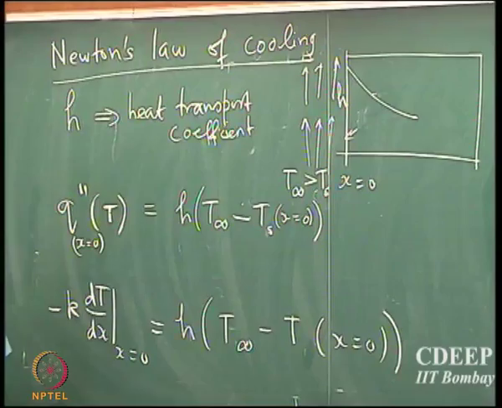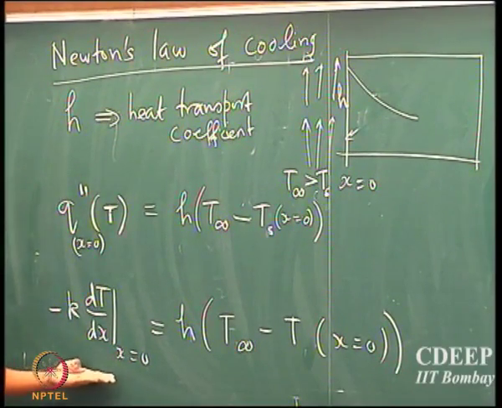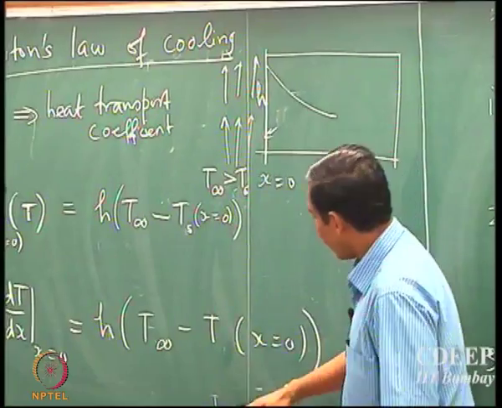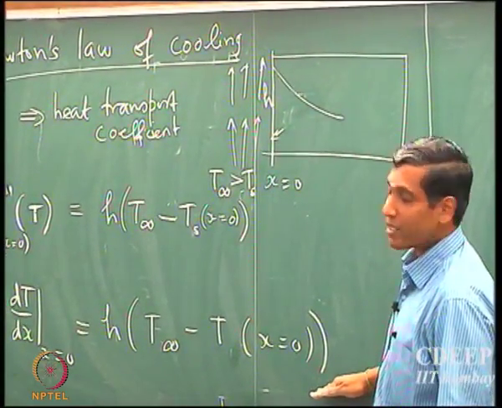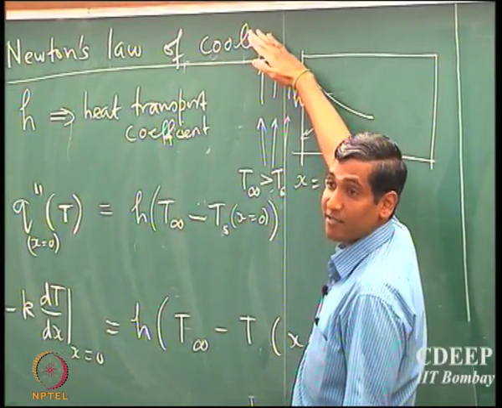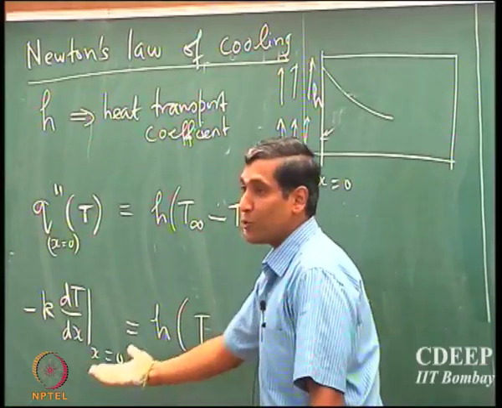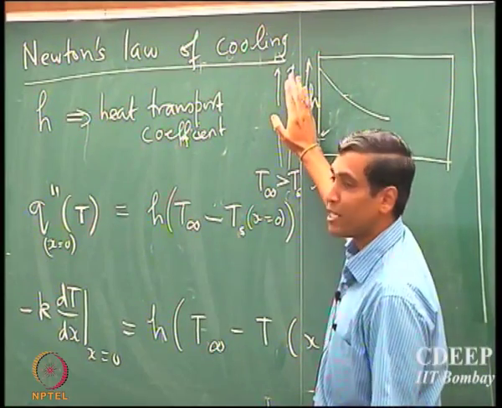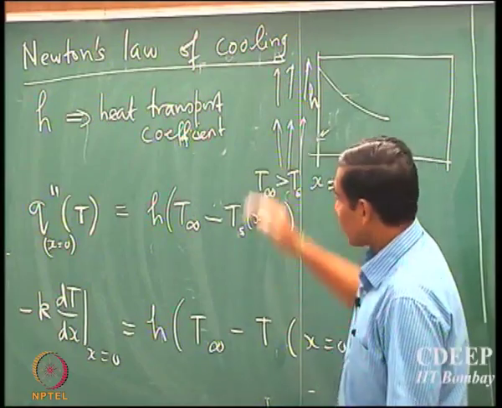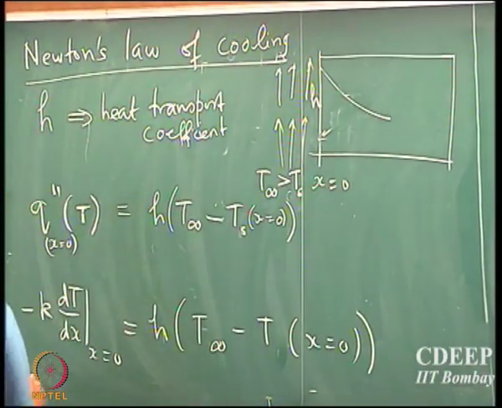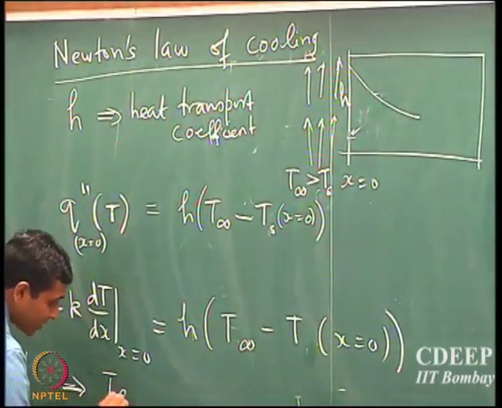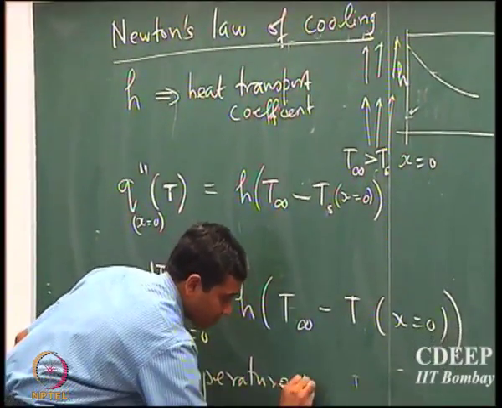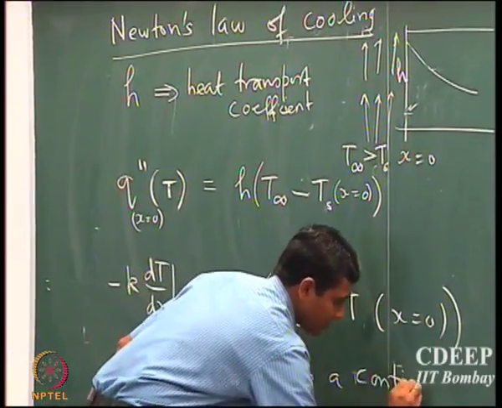And so also it's very important to note here that this gradient describes the flux inside the solid, and this formula here represents the flux just outside the solid. So this is a balance between flux of heat transport just inside the solid and flux of heat transport just outside the solid. This balance really comes about because we assume that the temperature is a continuous variable.